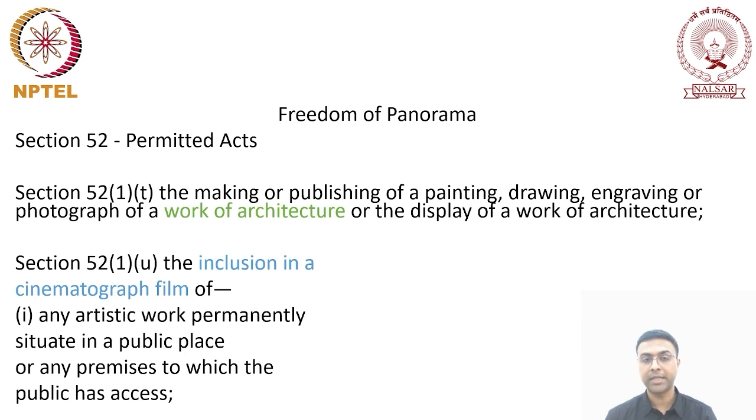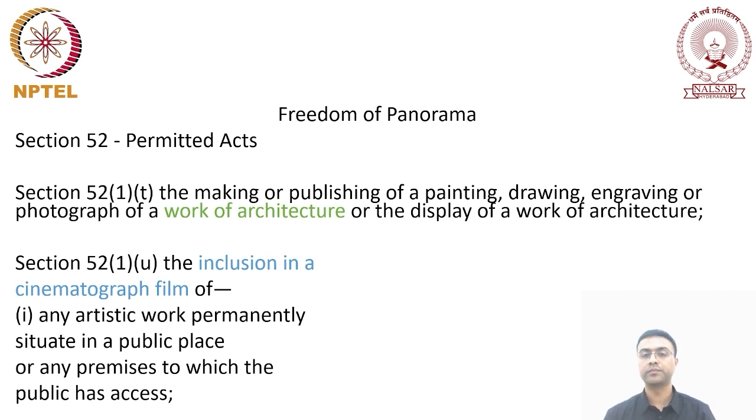The second provision you can see is 52(1)(u), which states, the inclusion in a cinematograph film of any artistic work permanently situated in a public place or any premises to which the public has access.